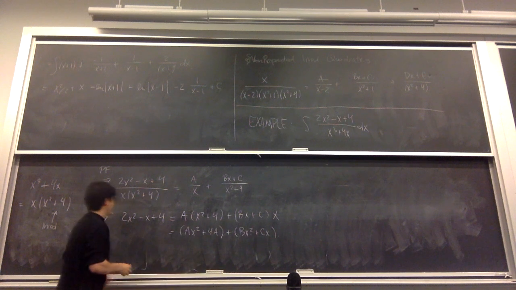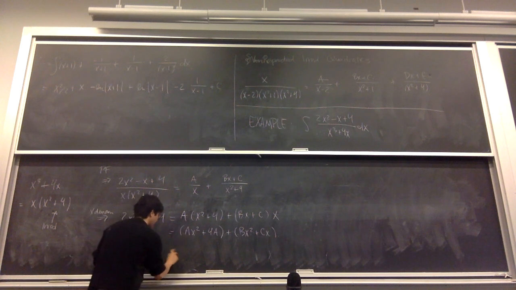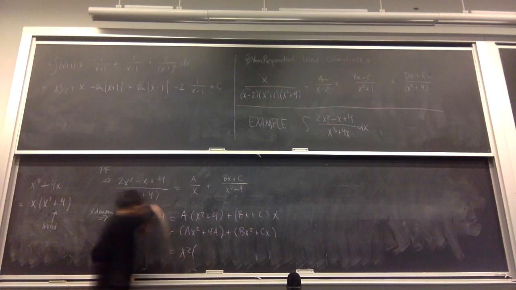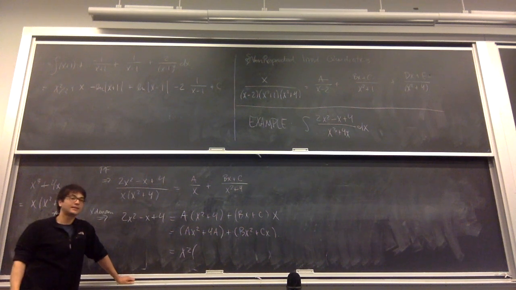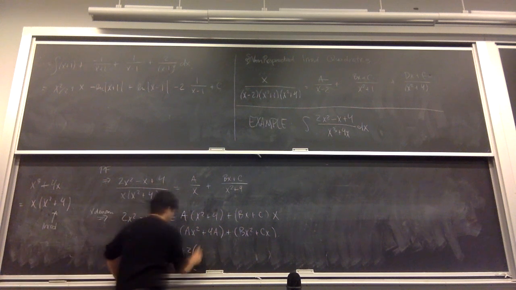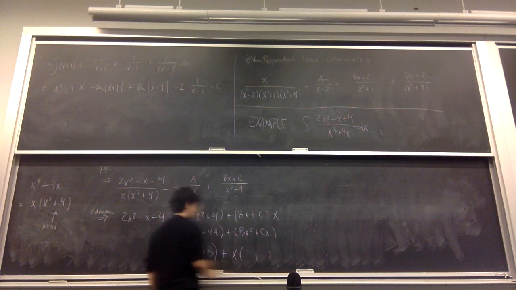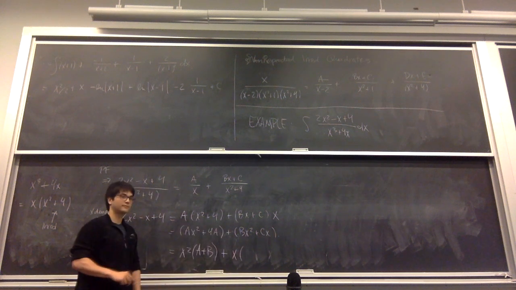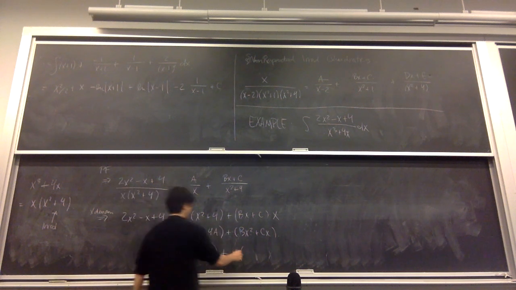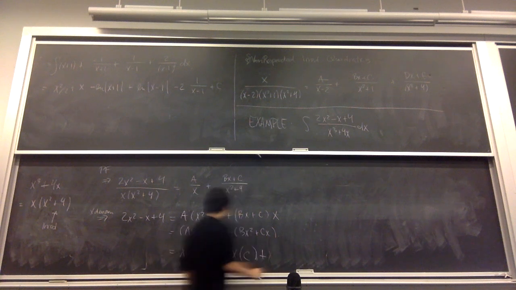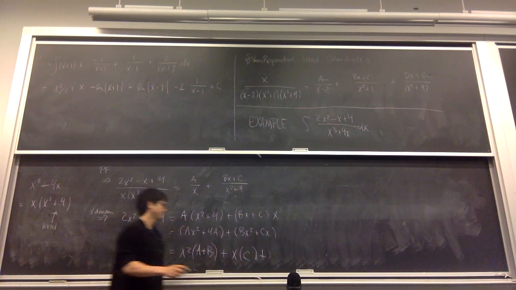So let's go hunting. What are our terms on x squared? An a and a b. What are our terms on x? C. What are our constant terms? 4a.